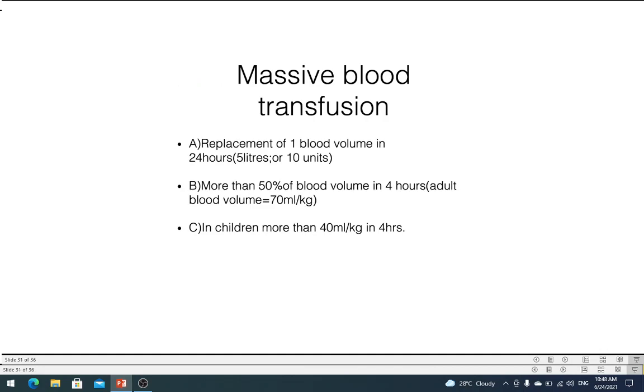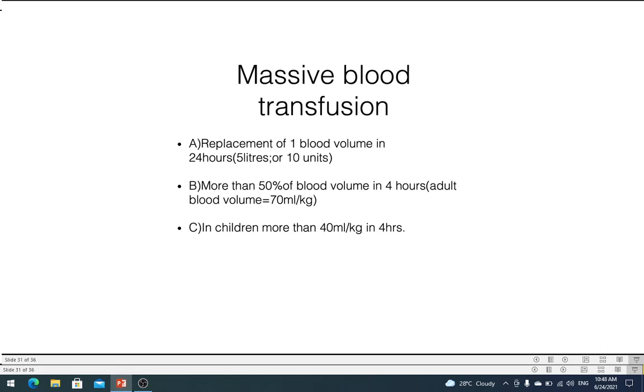Now I wanted to discuss a few things that we already discussed which might not be clear. So massive blood transfusion, I told you the definition. When will you say a patient has had a massive blood transfusion? Replacement of one blood volume within 24 hours. I told you in a normal person the blood volume is about 5 liters. So either 5 liters or 10 units, because each unit of blood is 450 ml.